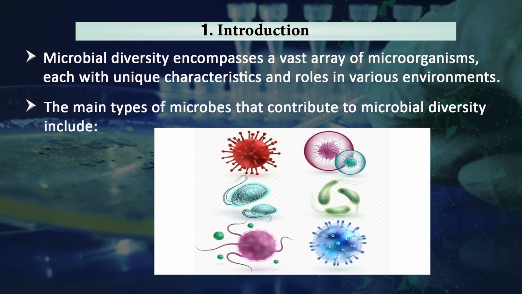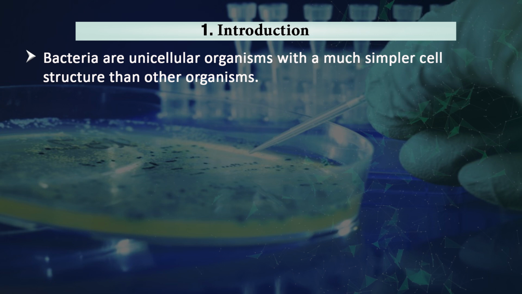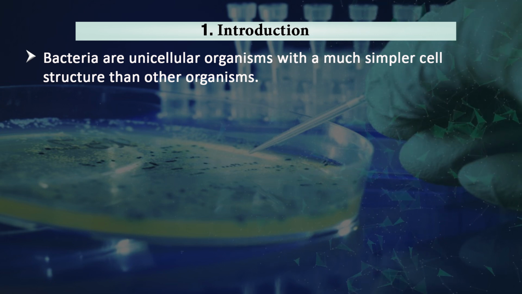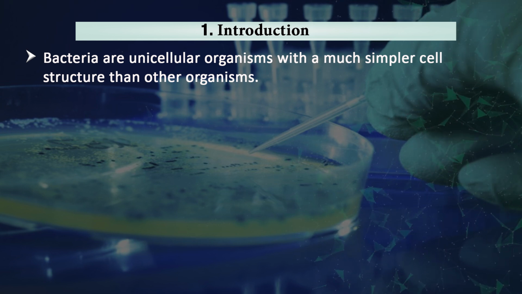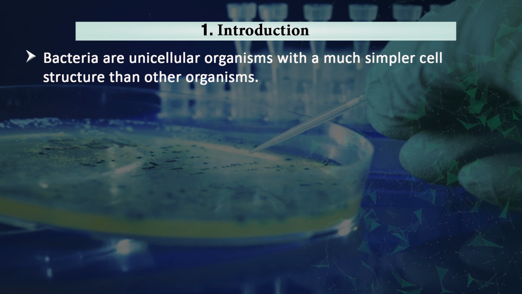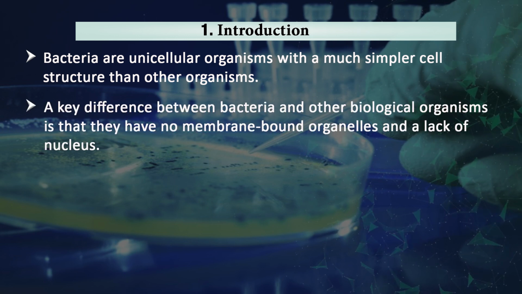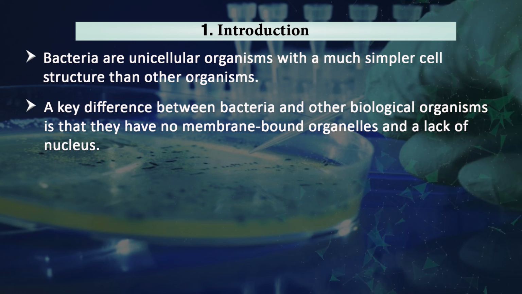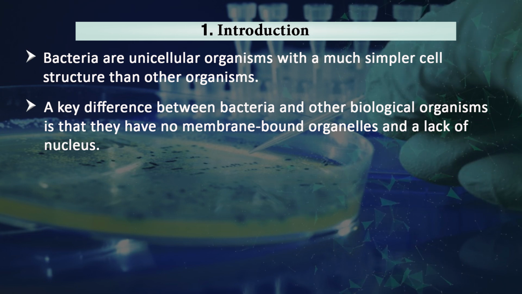The main types of microbes that contribute to microbial diversity include bacteria. Bacteria we are very familiar with. They are unicellular organisms with a much simpler cell structure than other organisms. A key difference between bacteria and other biological organisms is that they have no membrane-bound organelles and lack a nucleus.